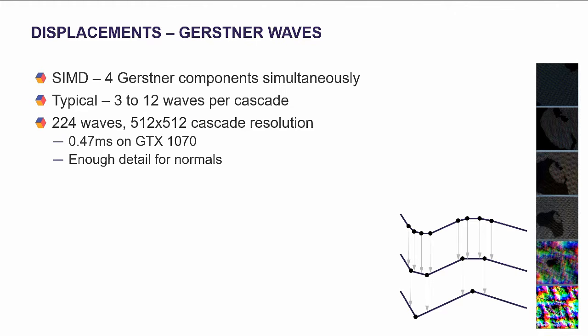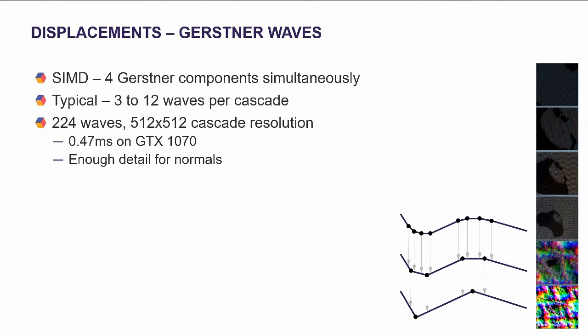Okay, so now a few implementation notes. We use an efficient Gerstner wave shader, which moves as much work as possible out of the core loop and uses 4-wide SIMD to add 4 wave components per iteration. In most of our videos, there are only 8 Gerstner components added per cascade, so it's just 2 iterations of a few instructions.